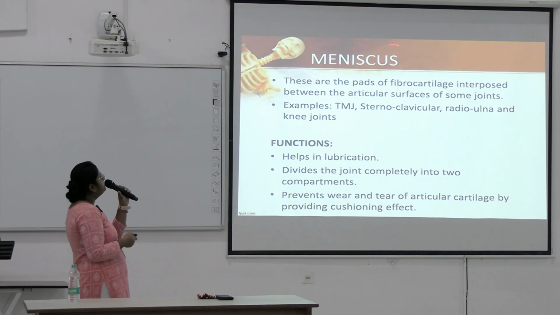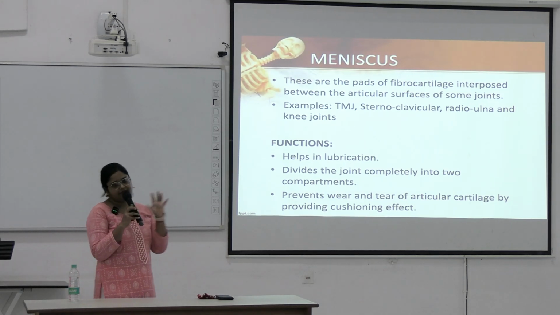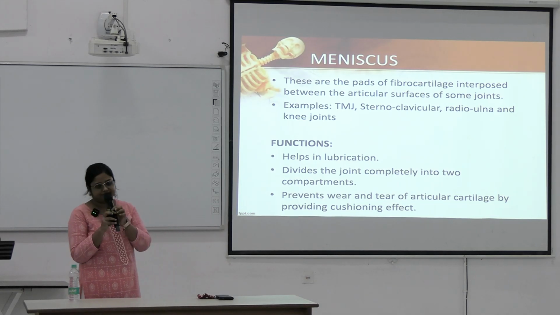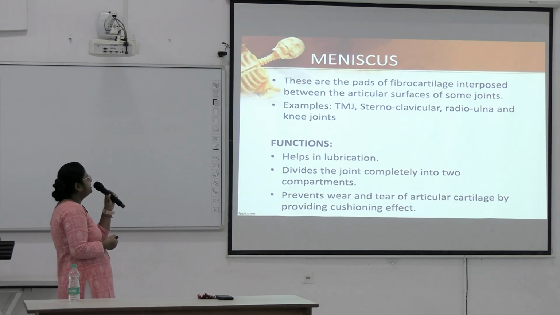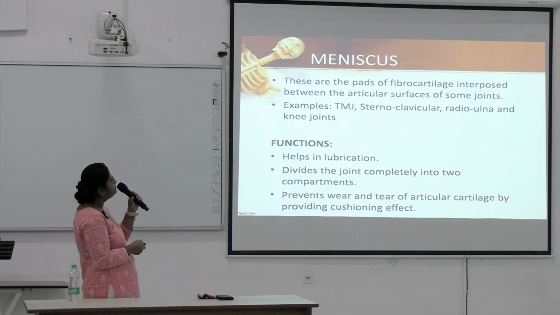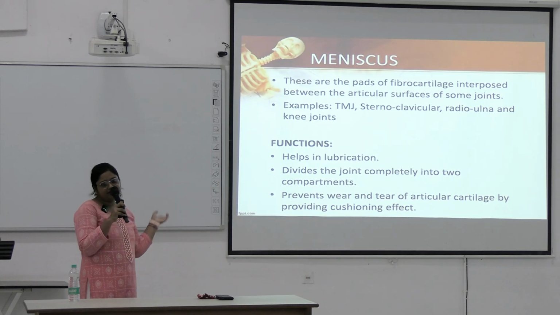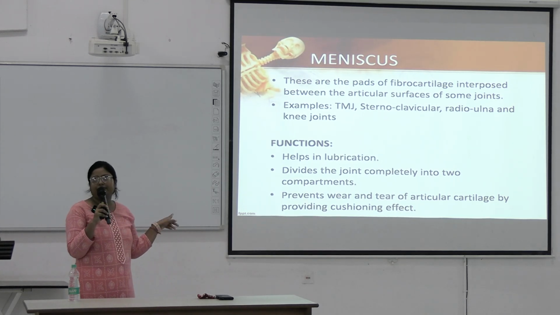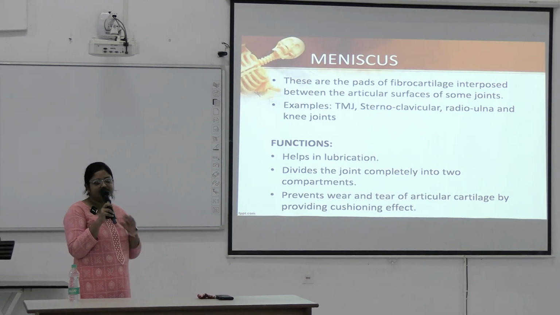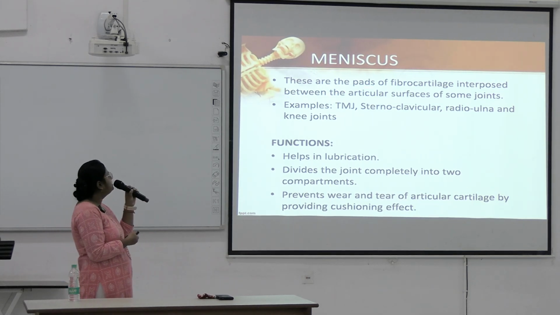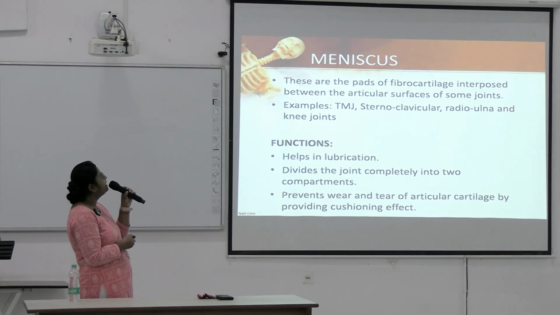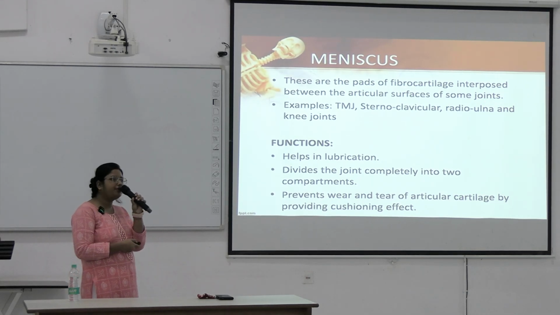Meniscus. A meniscus is not present in all synovial joints, but in some joints they are present. These are pads of fibrocartilage. See here, articular cartilage was hyaline cartilage, but this meniscus is fibrocartilage, another type of cartilage. They are interposed between the articular surfaces of some joints.